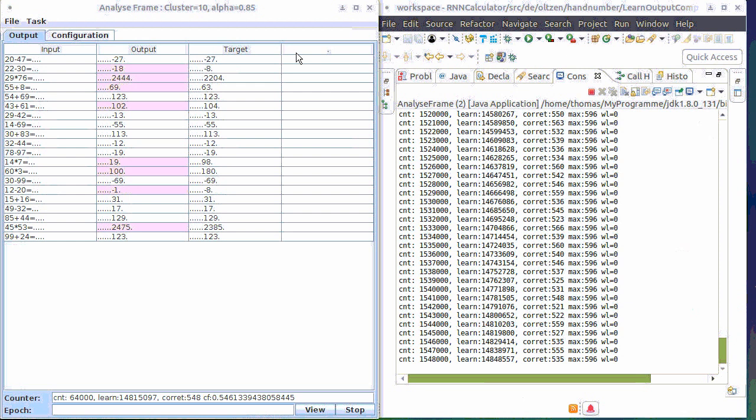Let us look into the incorrect values, for example this one. This is 29 multiplied by 76. The result is 2444 in the output, but the target is 2204. That means the first figure is correct, the last figure is correct. The magnitude is roughly correct, but not totally correct. But you can see that the number of figures is quite good.